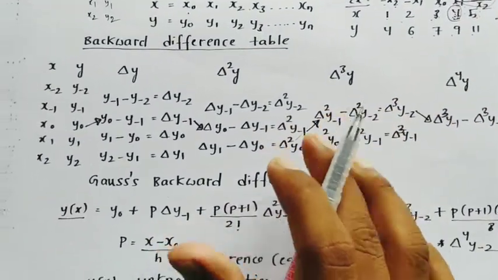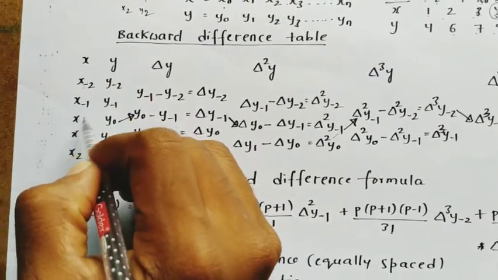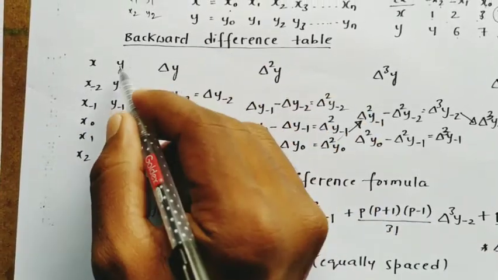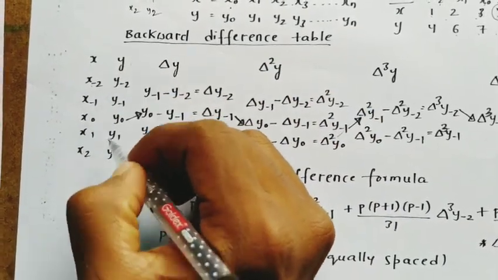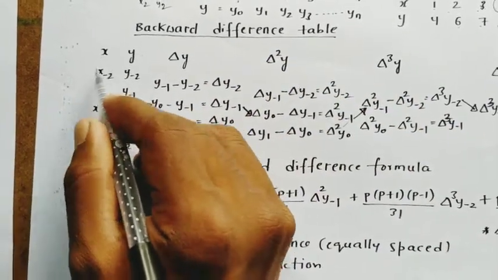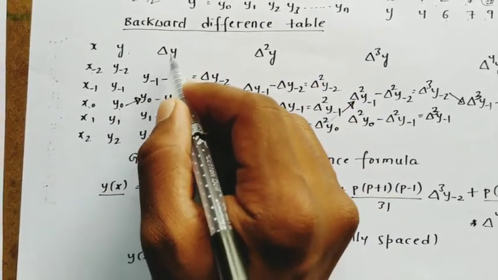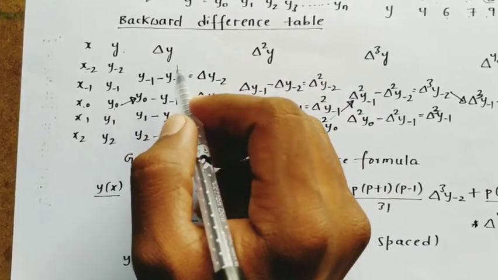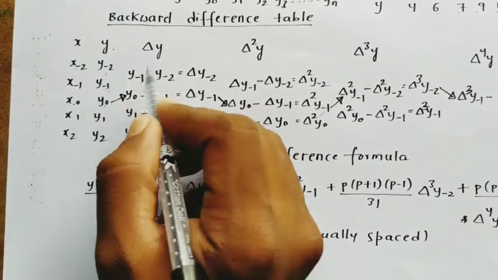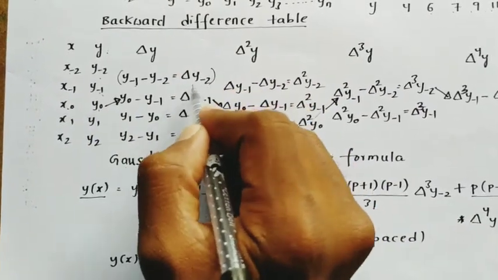Now let's see the backward difference table. First we identify the values of x0, write the x values, and write the corresponding values of y. Then we find delta y.